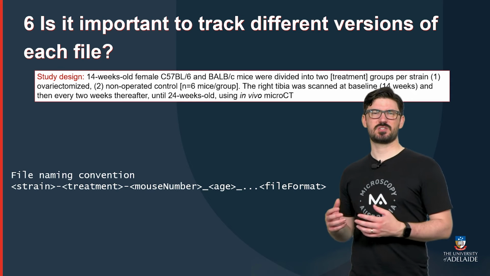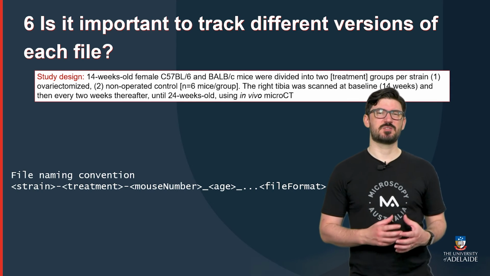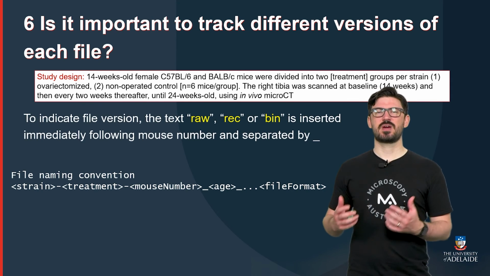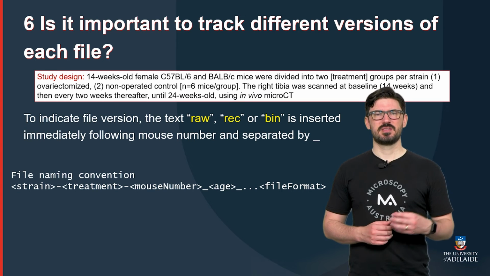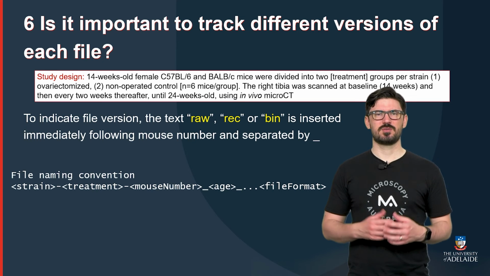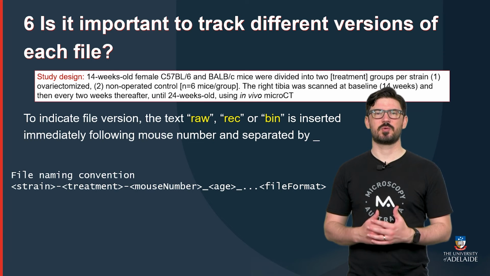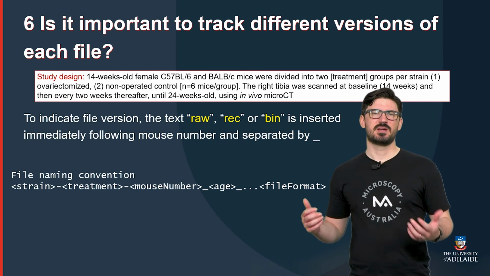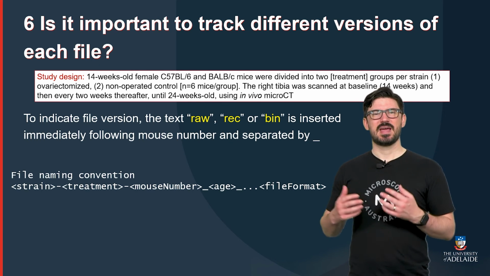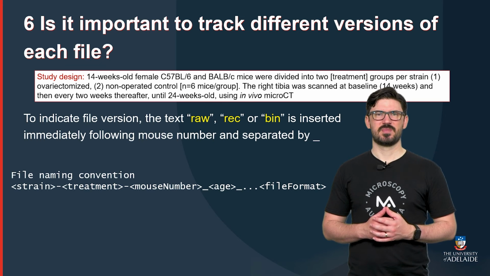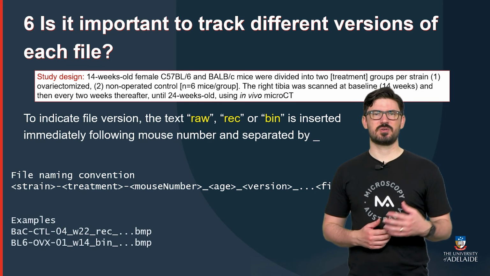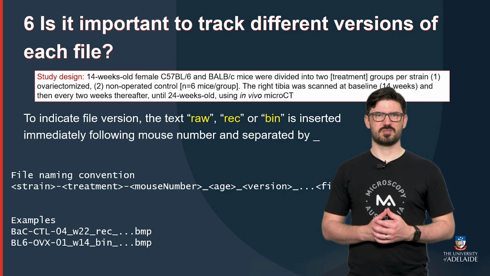Now, I would like to recycle my file naming convention for each processing step. And so to track changes in the image version, the text RAW, REC, or BIN are inserted immediately following the mouse age in the file name and separated by an underscore. And I can update my convention.